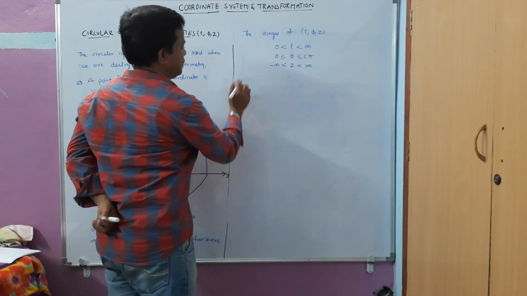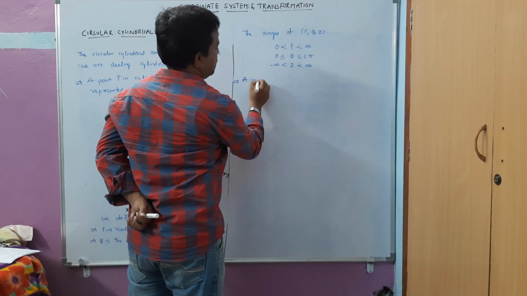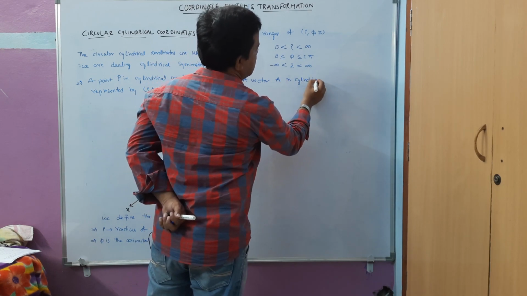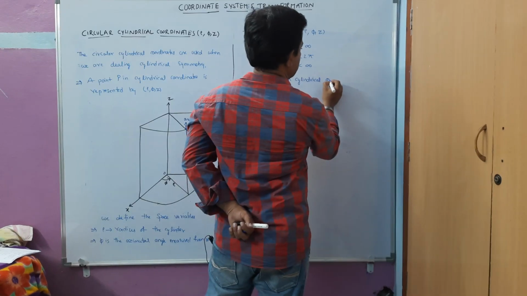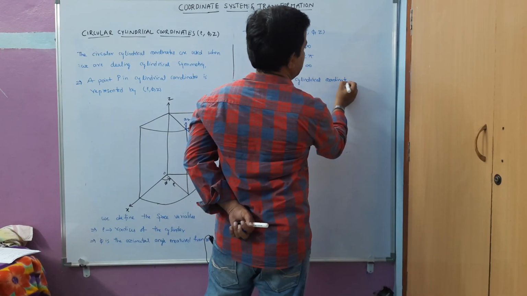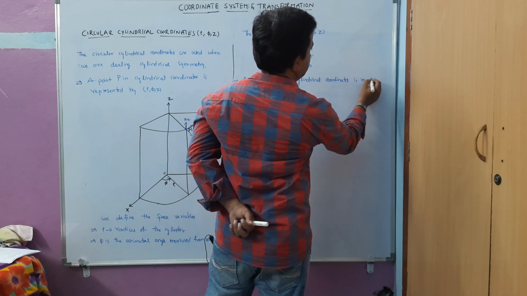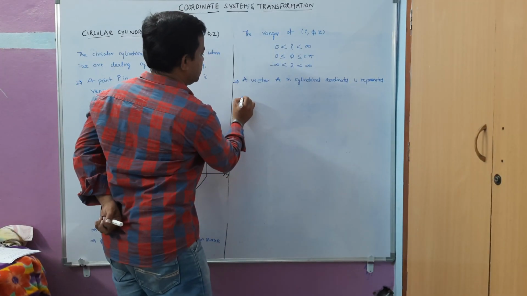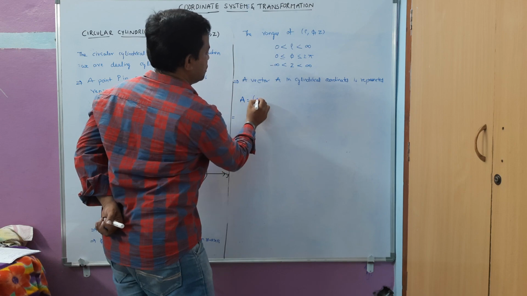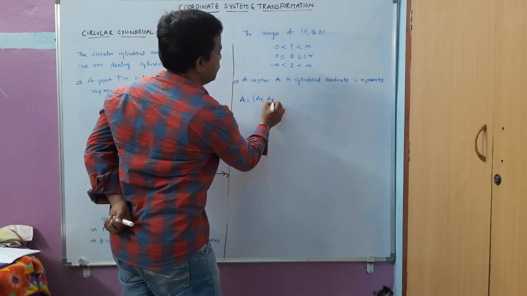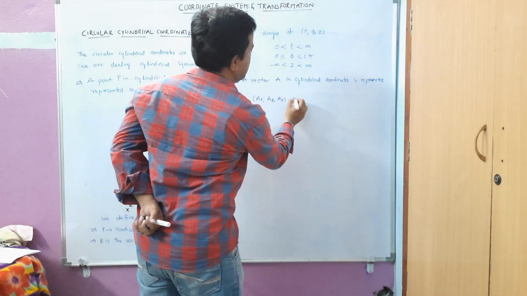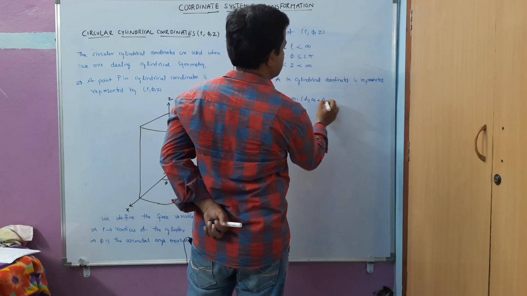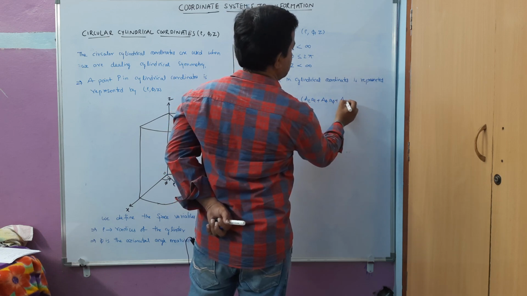Now a vector A in cylindrical coordinates is represented by, so we have to write the vector here. So how are we going to write? Bold letter A is equal to A rho, A phi and A z, or we can also write in the form of unit vectors A rho plus A phi plus A z.